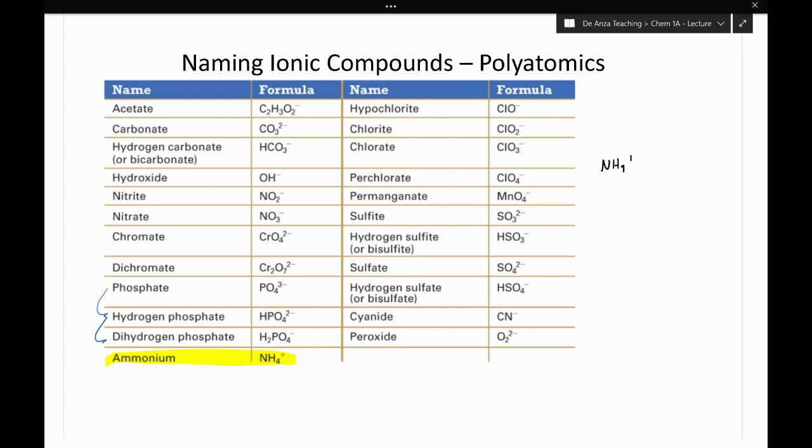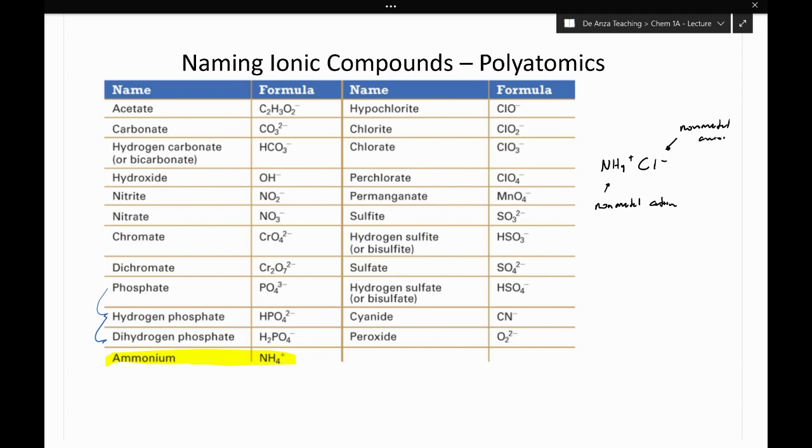And so NH4 plus is this non-metal cation, and it can form a bond with a non-metal anion like chlorine. This is a non-metal anion.